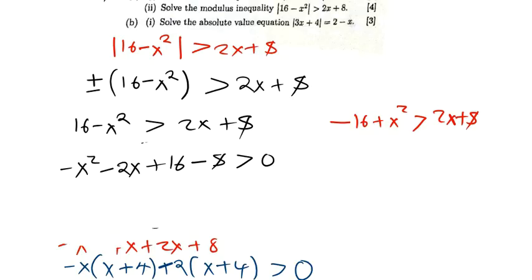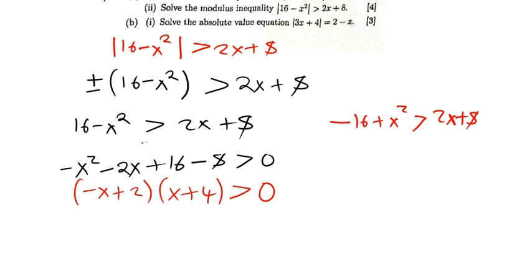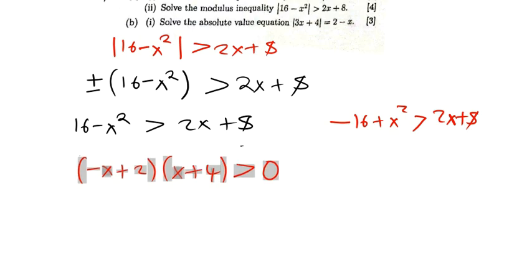So it's getting more and more interesting. The two results we have are negative x plus 2, and in the brackets you have x plus 4. This is all greater than 0. So how do we solve the inequality itself?